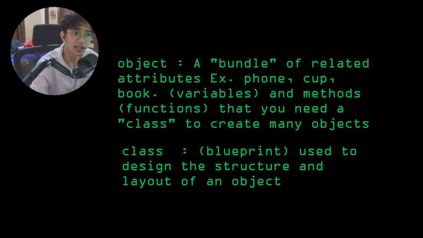An object is like a bundle of related attributes, like a phone, a cup, or a book, and methods, like functions. You need a class to create many objects. And a class is like a blueprint used to design the structure and layout of an object.